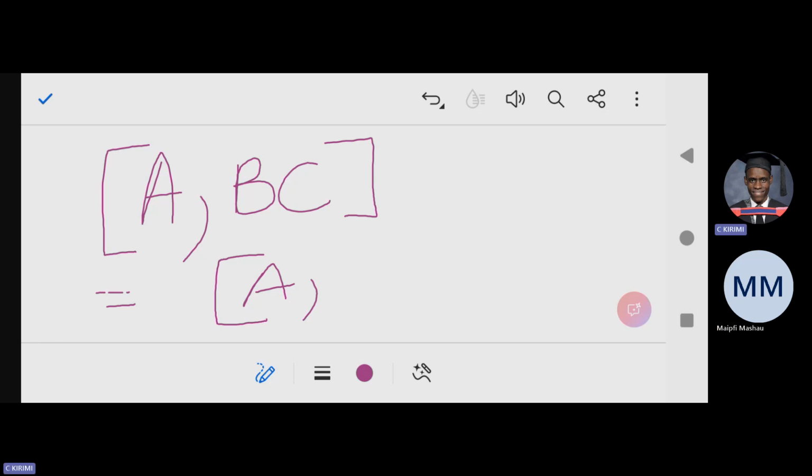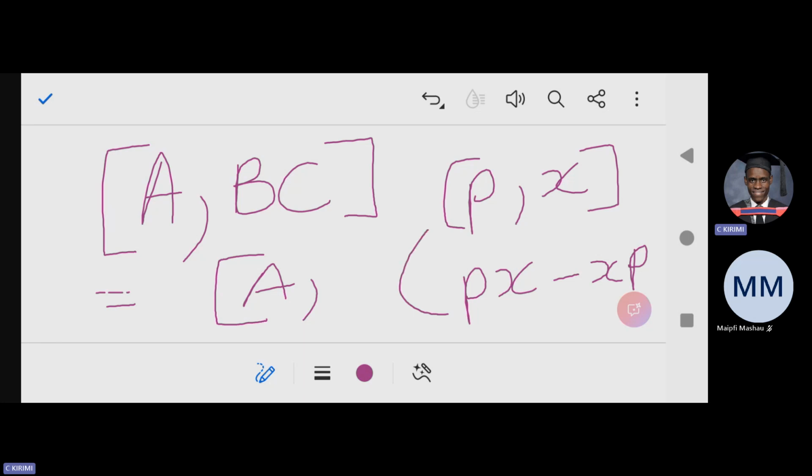For example, if P is commuting with X, in other words I am saying P multiplied by X minus X multiplied by P, this expression can be written as the commutation relation of P with X. Whenever you see an expression like PX minus XP, if you don't want to write it like this, you can use those square brackets. That is what we mean by commutation relation.